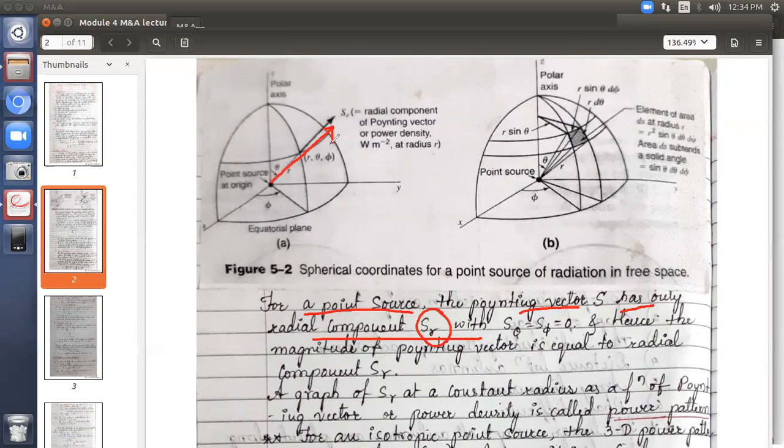Power flows radially with the remaining two components, θ and φ, being 0. Now, for the magnitude of the Poynting vector, we consider only S_r, not S_θ and S_φ, because they are not existing, only S_r will exist.